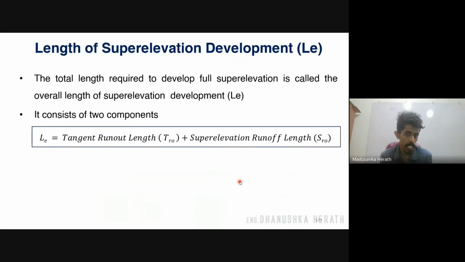The total length required to develop full super elevation is called the overall length of super elevation development, LE, and it will consist of two components: tangent runout length, we call it TRO, and super elevation runoff length, that is SRO.